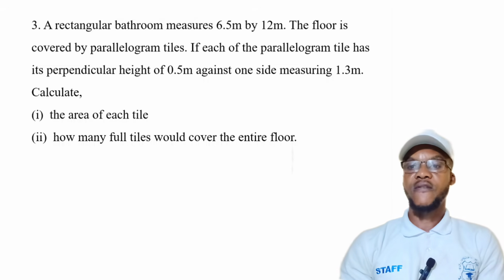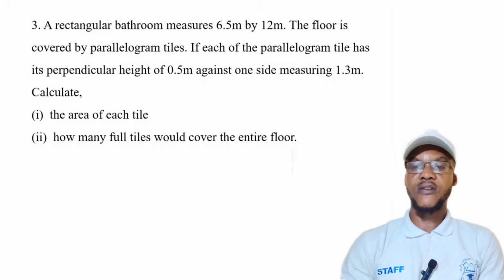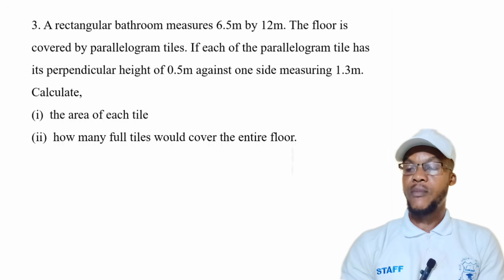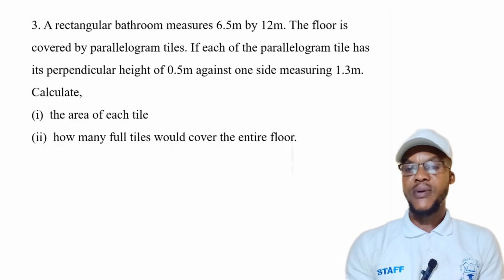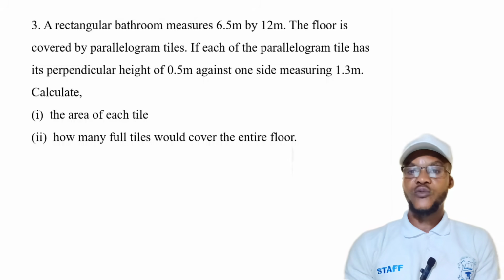If each of the parallelogram tiles has a perpendicular height of 0.5 meters against one side measuring 1.3 meters, we are to calculate the area of each tile and also find how many full tiles would cover the entire floor.